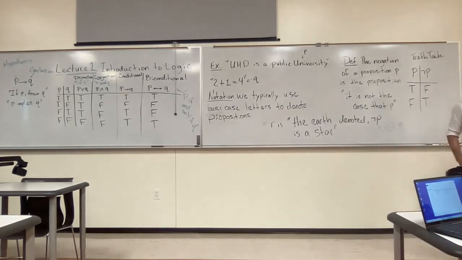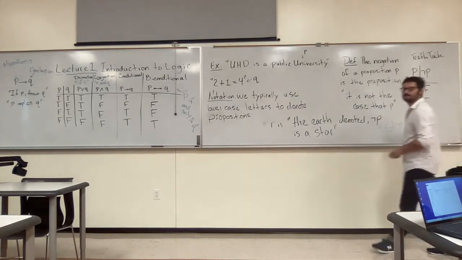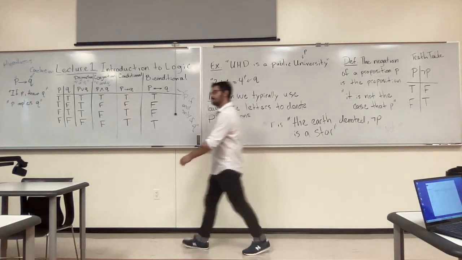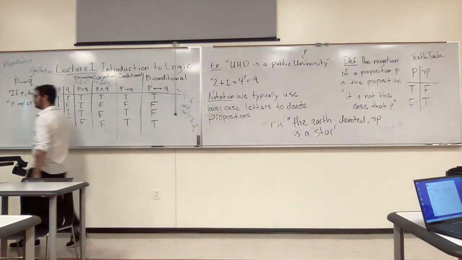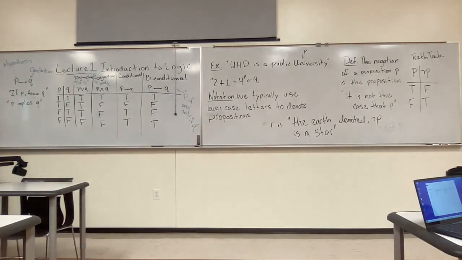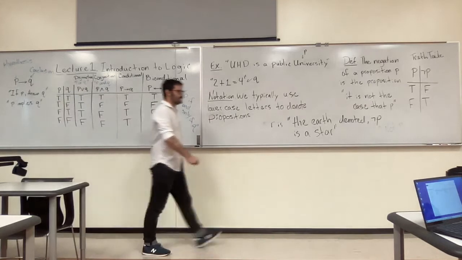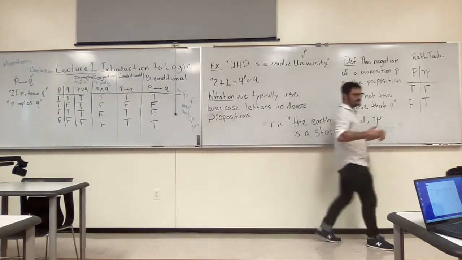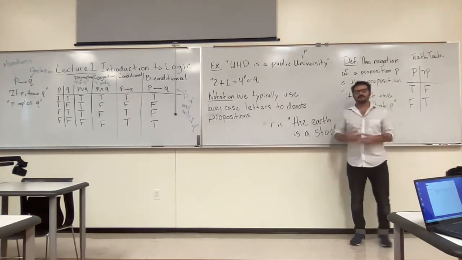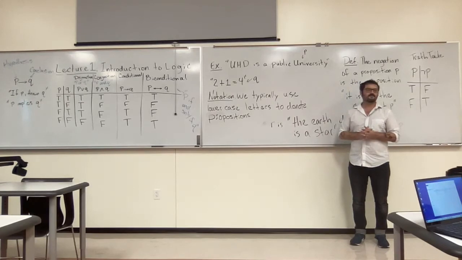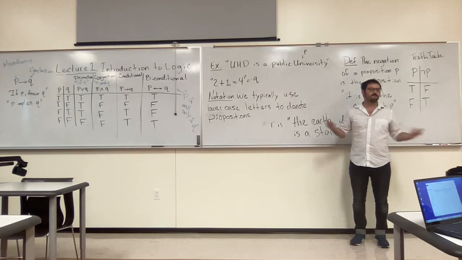So how would you define the biconditional between P and Q? It's only true when they have the same values. Right, so I would just define it as: the biconditional is true whenever both propositions have the same truth value, and false otherwise.